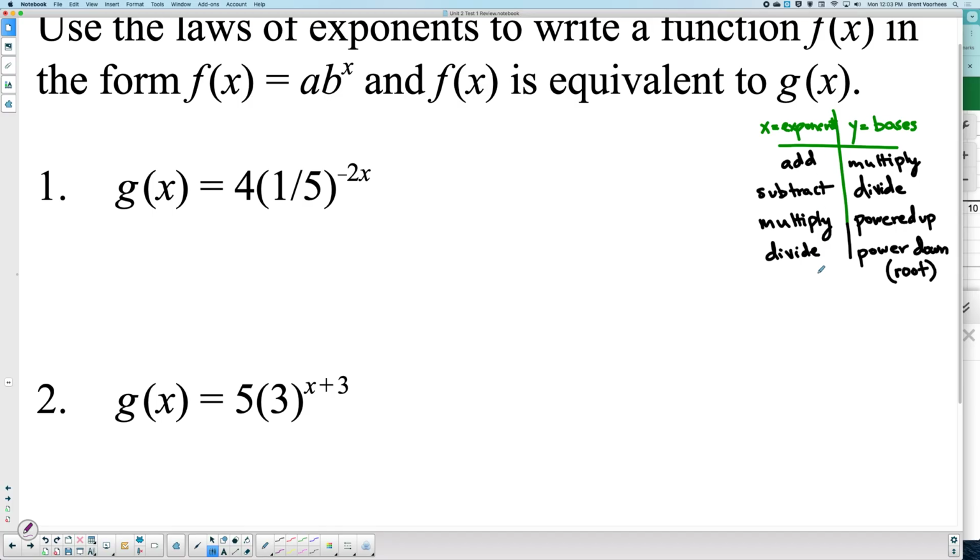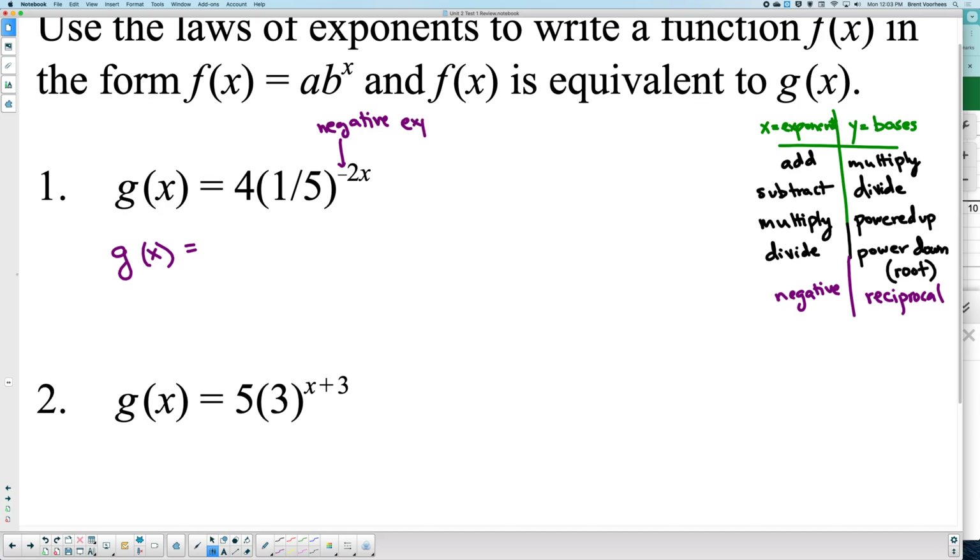Okay, if you have a negative exponent, that is the same thing as taking the reciprocal of your base. What does reciprocal mean? Flip. That's what I'm looking for. So, first off, this problem. Notice, you see how I have a negative power? I have a negative exponent here.